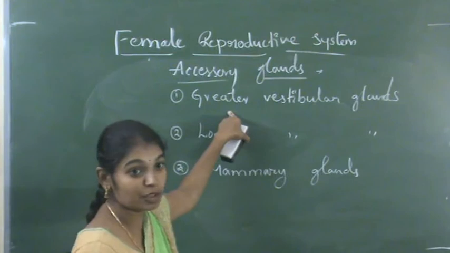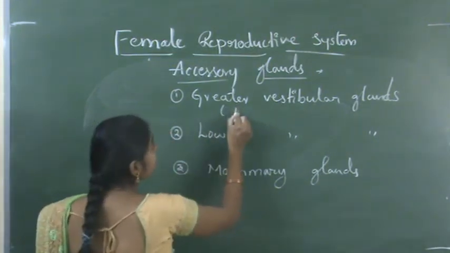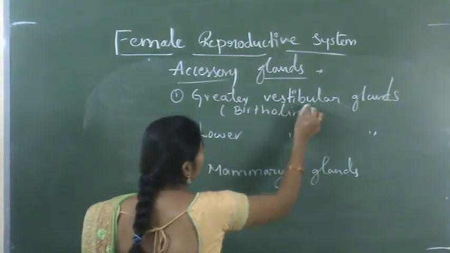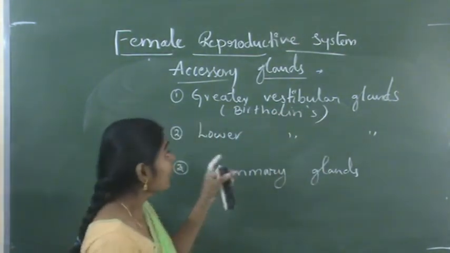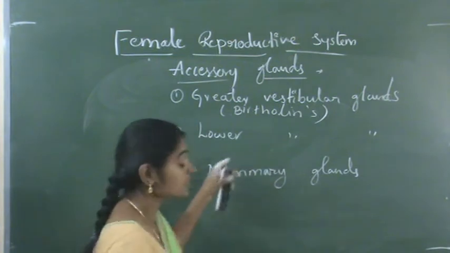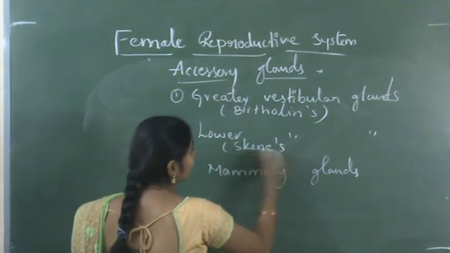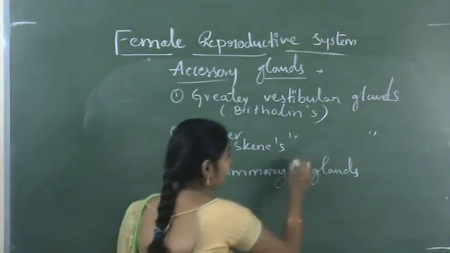The greater vestibular glands are also known as Bartholin's glands, and the lesser vestibular glands are also known as Skene's glands.